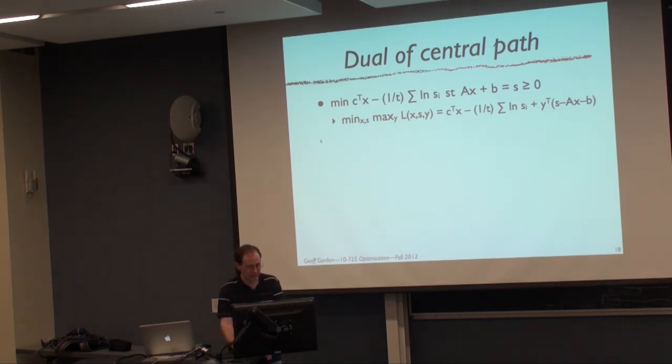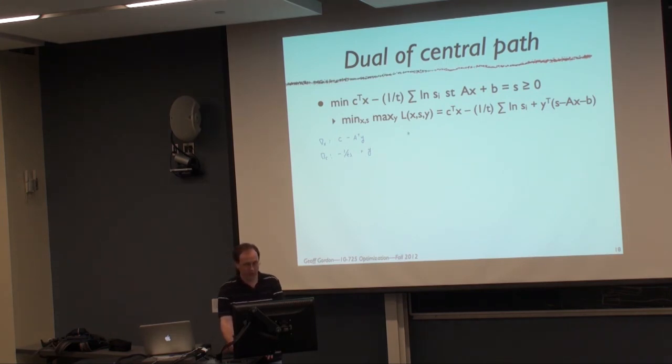So if we take the gradient with respect to x, we'll get c from this term that has no x's in it, and we'll get minus A transpose y. And if we take the gradient with respect to s, we'll get minus 1 over ts, plus y from this term here, right?